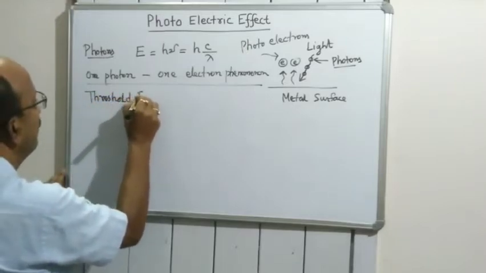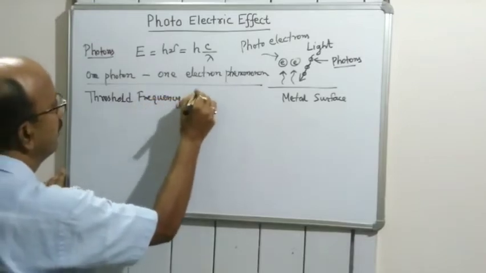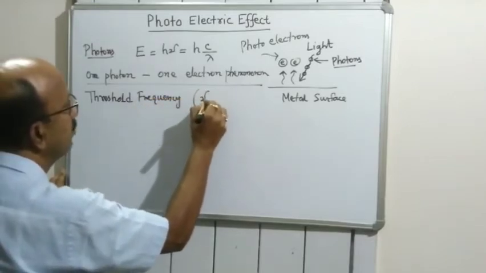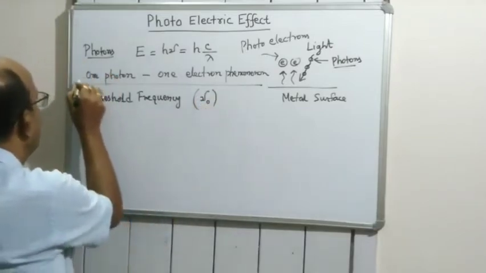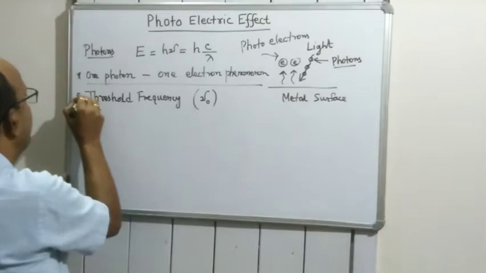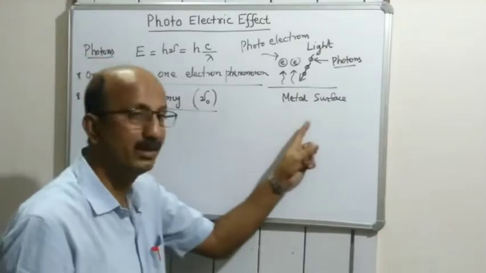And threshold frequency is denoted by a symbol. Frequency is nu and we give a naught, nu naught. So threshold frequency is one term which is very closely associated with photoelectric effect.